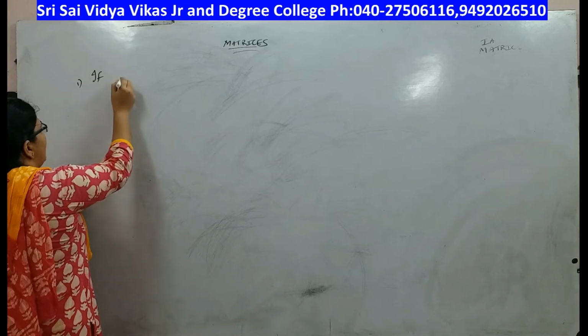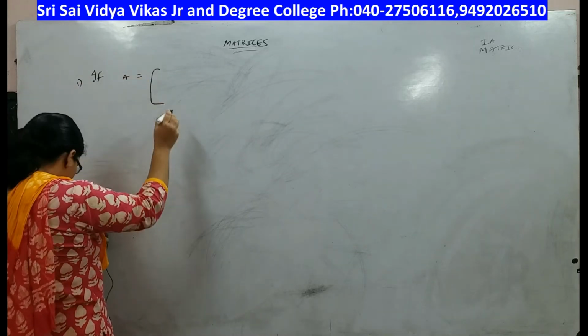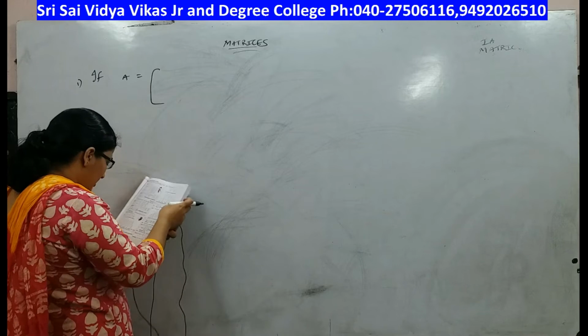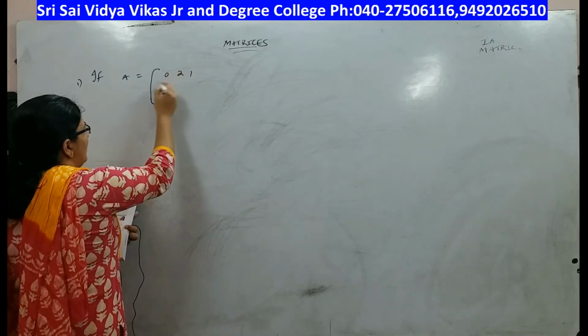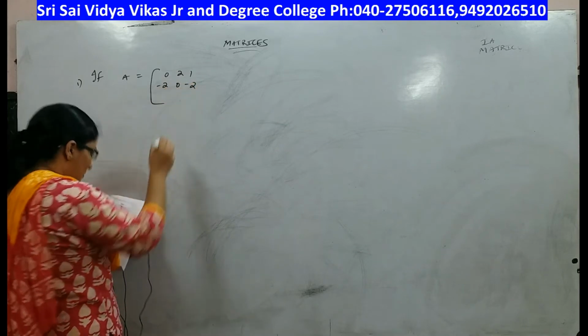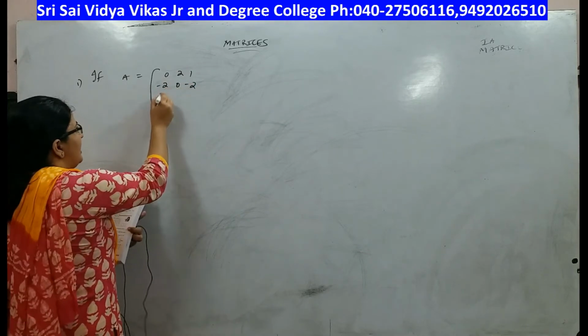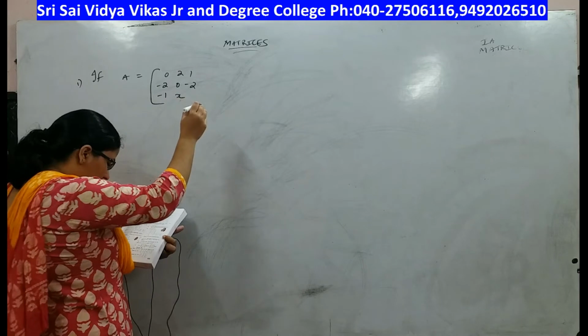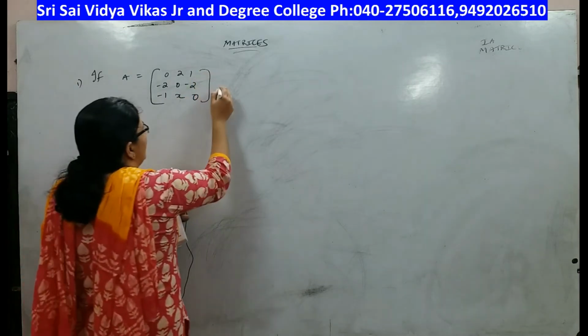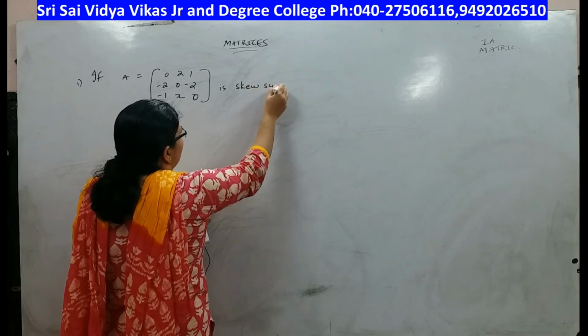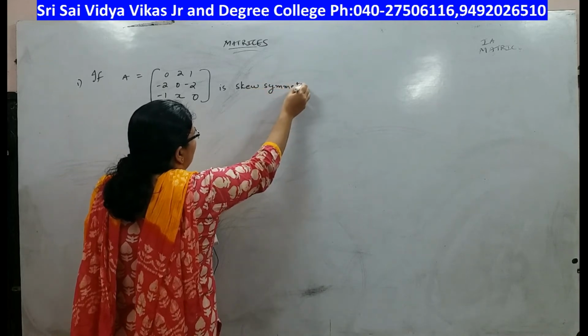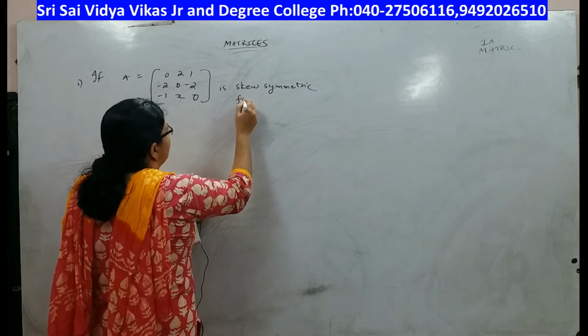If A is equal to the matrix [0, 1, 2; minus 1, 0, x; minus 2, minus 1, 0]... is skew symmetric, find x.